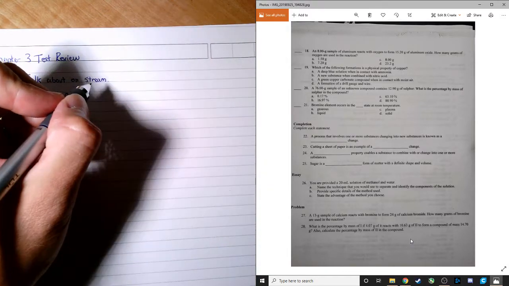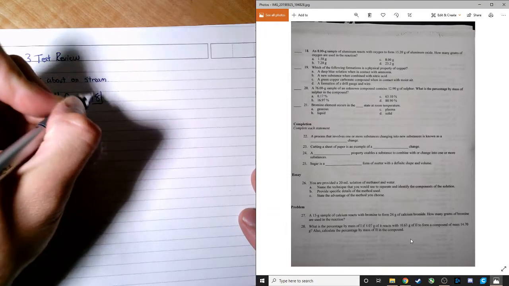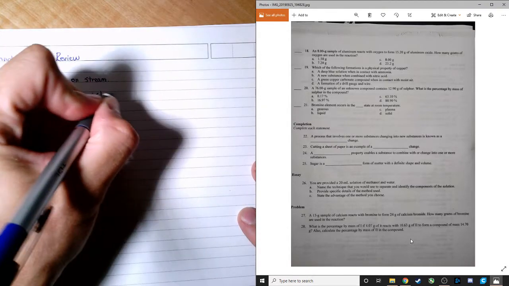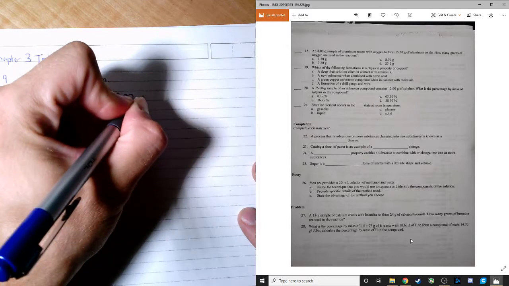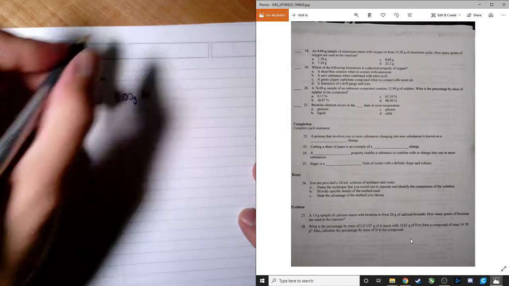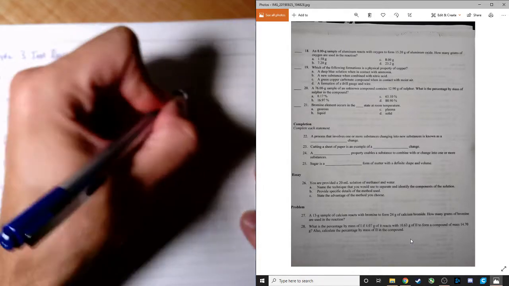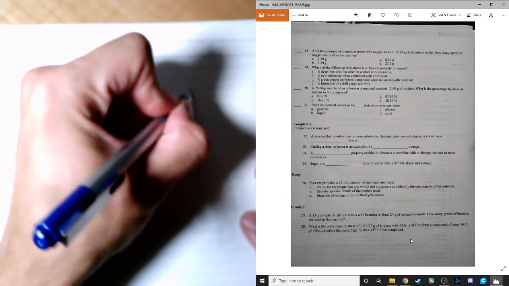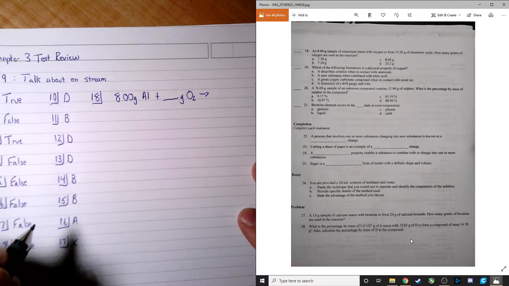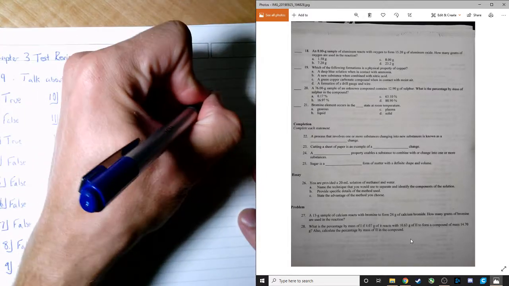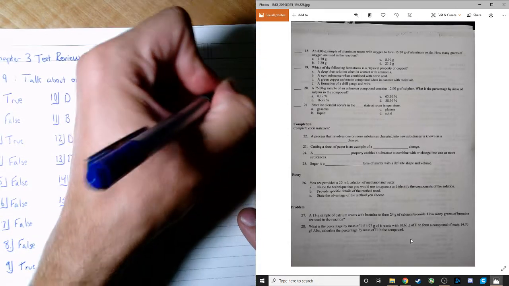This is number 18. Sorry, hit the mic. You have 8.00 grams of aluminum, reacts with some unknown grams of oxygen, forms 15.2 grams of aluminum oxide.